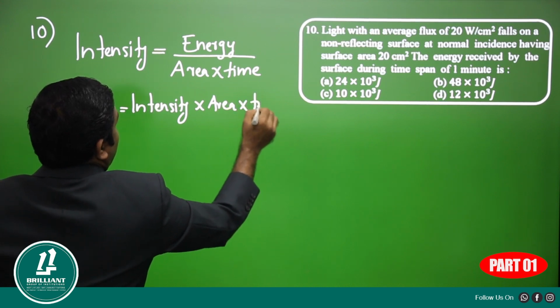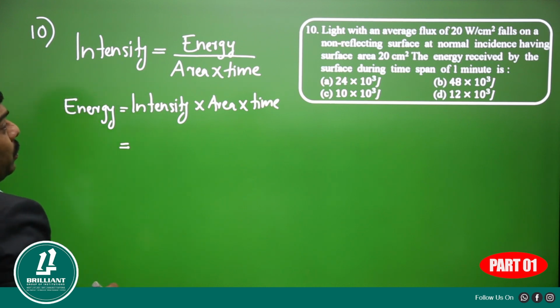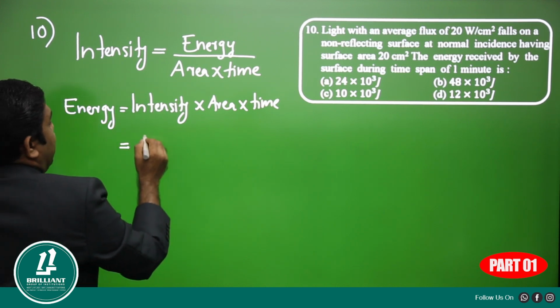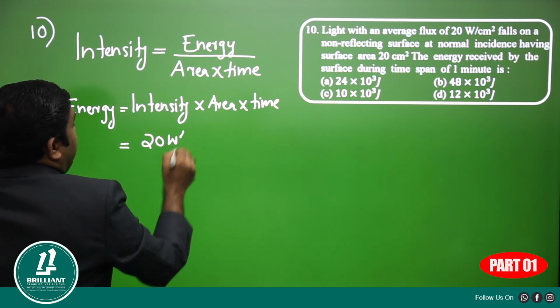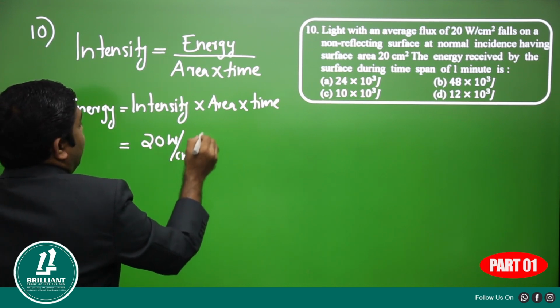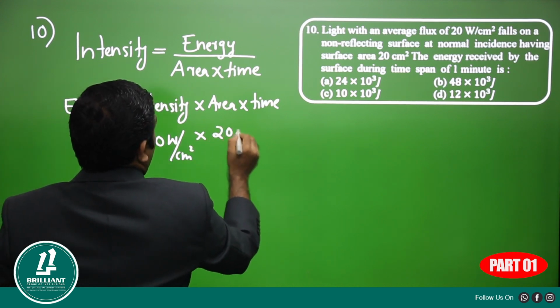What is the intensity given? 20 watt per centimeter square, into what is area? 20 centimeter square.